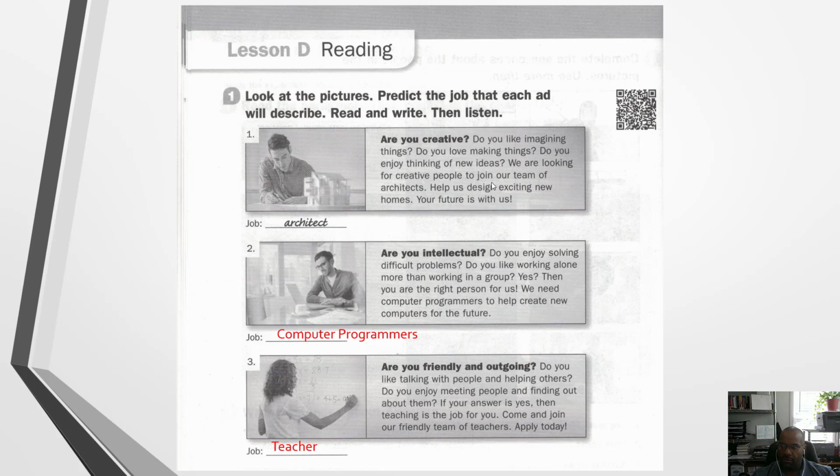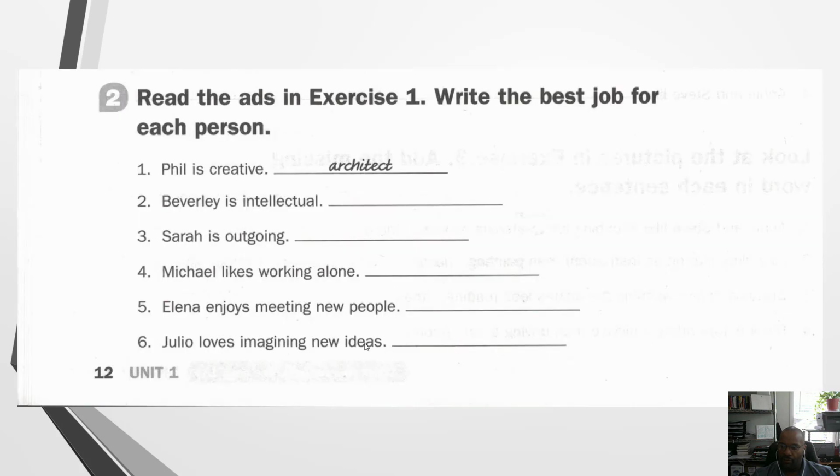Making things. So those are my answers. Hopefully we got the same answers. If not, then let's definitely talk about those. Okay. Let's turn the page and go to page 13.